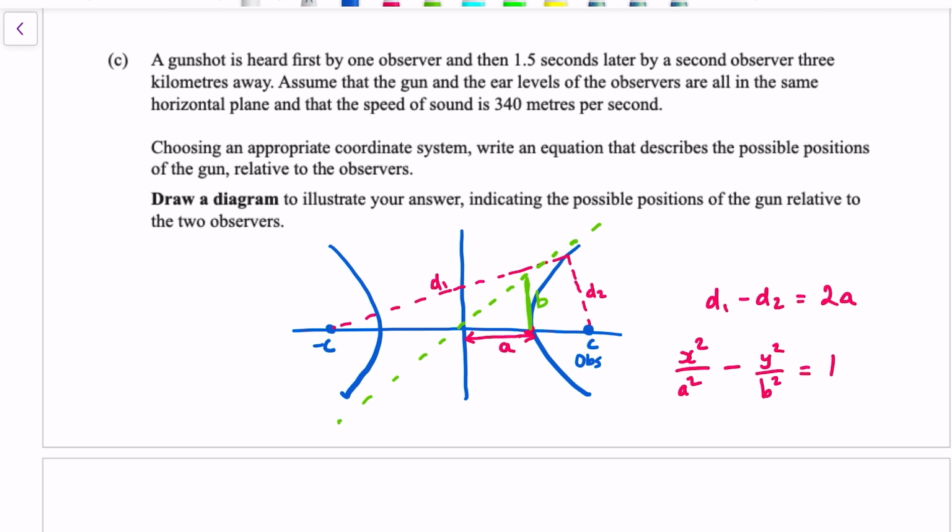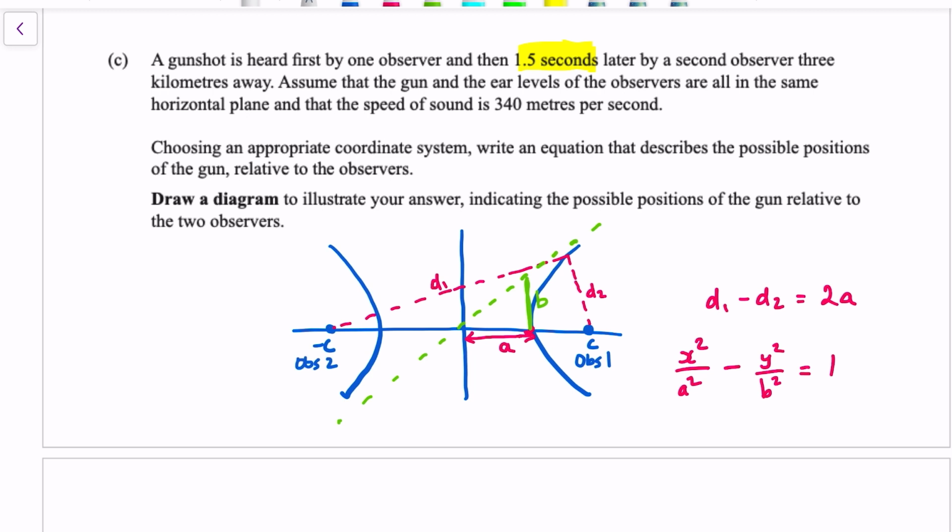Okay, we'll say observer 1 hears the gun first, observer 2 is over here. We don't know, just from the 1.5 second difference, where the gun is. That would be pretty magical maths if you could just go, oh, 1.5 seconds later, there it is.